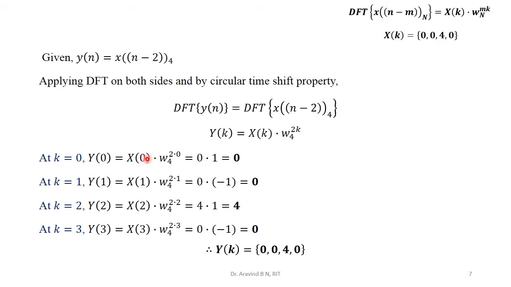At location 0 we are having the value 0, so that's why the 0 has been substituted here. Similarly at k is equal to 1 we are going to have 0, at k is equal to 2 we are going to have 4, and at k is equal to 3 we are going to have the value 0. So y of k now is equal to 0, 0, 4, 0.